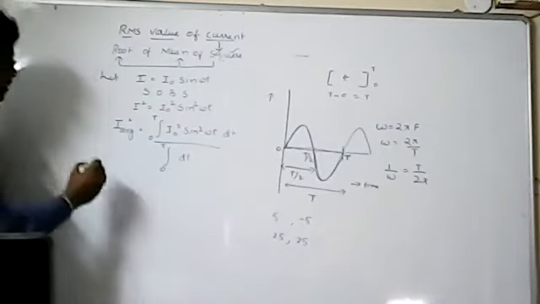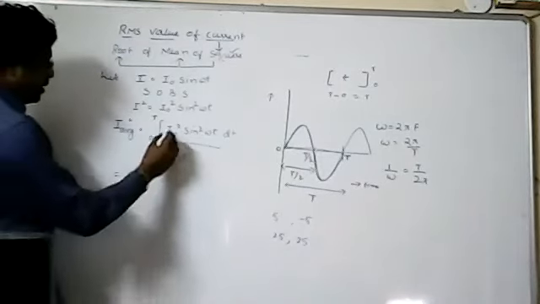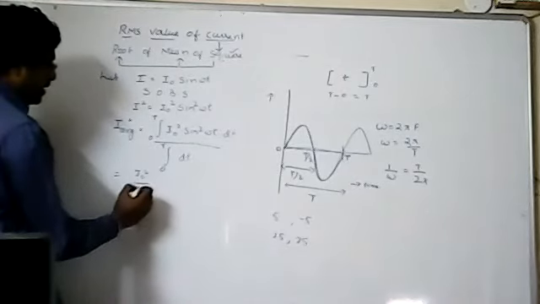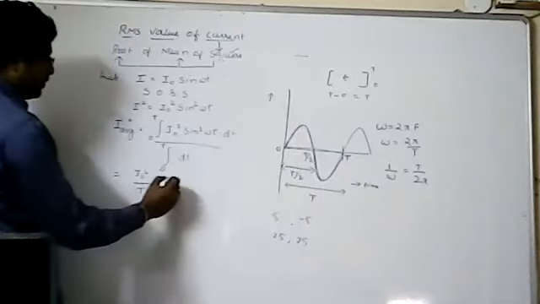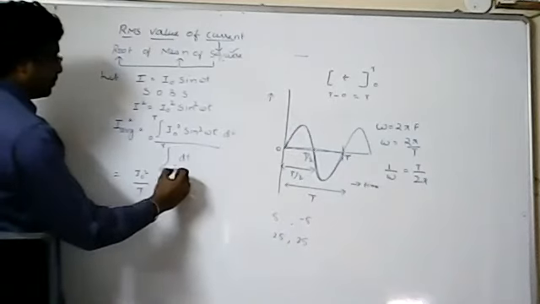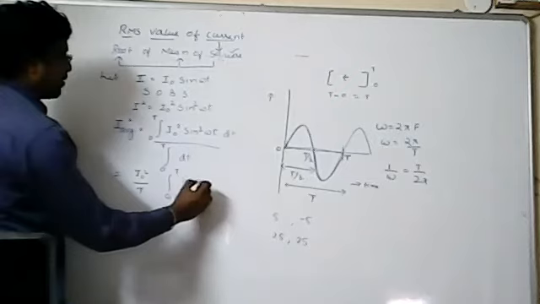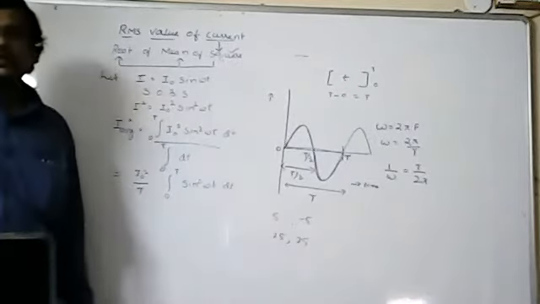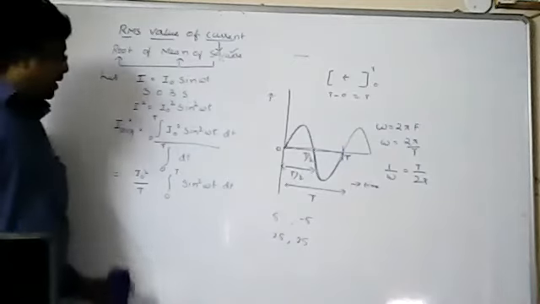So my equation becomes: I naught square is constant, remove it outside, and this T I will get here, integral of sine square omega t into dt.